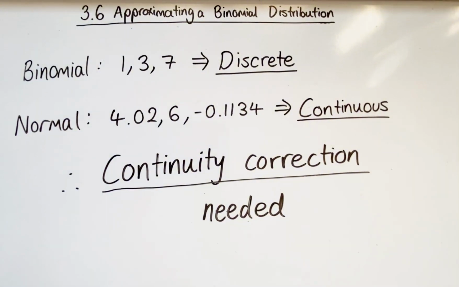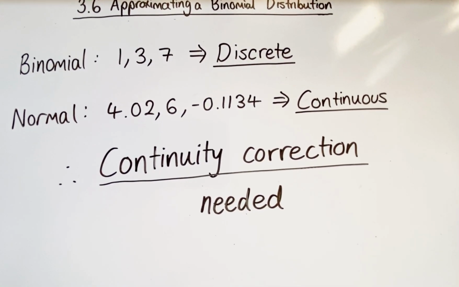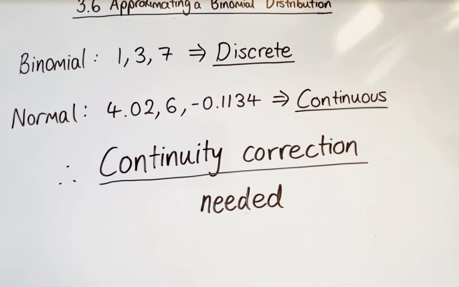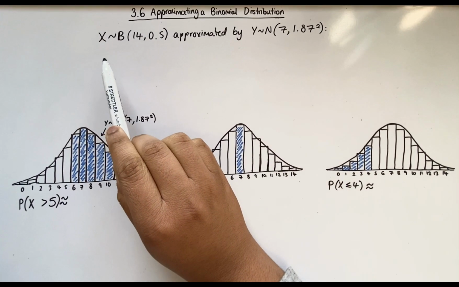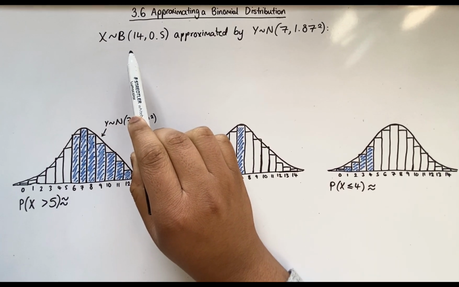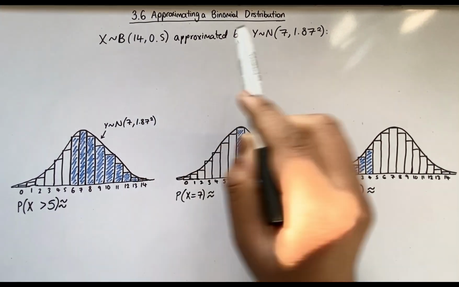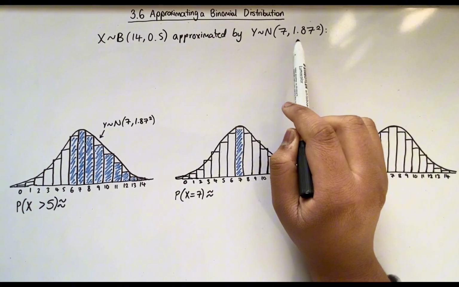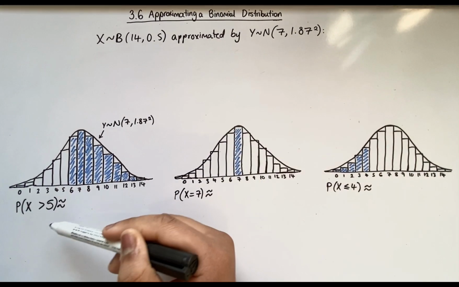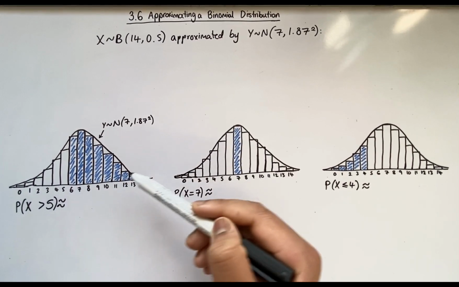You may have noticed that the binomial distribution is discrete, but the normal distribution is continuous. To make up for this, we need to apply a continuity correction when calculating probabilities. For example, if we have X that is binomially distributed with 14 trials and a probability of success 0.5, approximated by Y following the normal distribution with a mean of 7 and a standard deviation of 1.87, then if we try and find the probability that X is greater than 5, that means everything 6 and onwards.